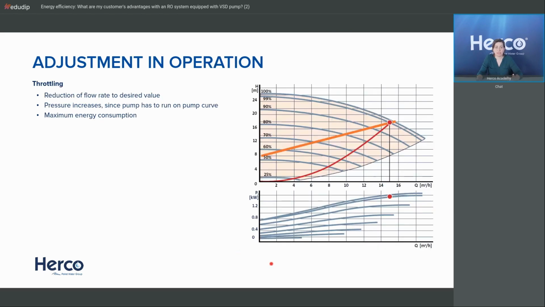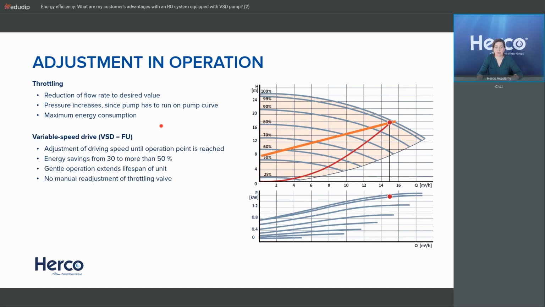When we are operating, as we said, if we throttle the pump, that's the solution for a lot of the units we see out there, but it's not a good solution. We have a pressure increase to make the pump run on the pump curve, and that means we'll have the maximum energy consumption possible under the operating conditions. If, on the other hand, we use a variable speed drive pump, we adjust here, so we have a certain flow rate, and we adjust the pressure.